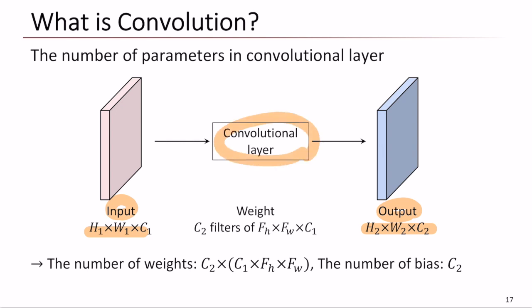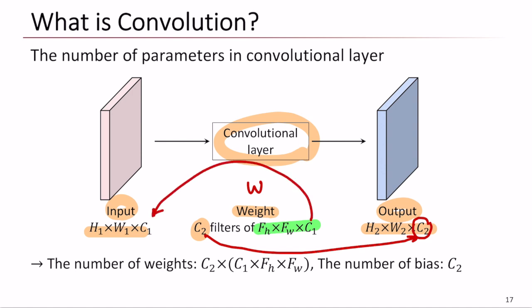Then the weight of the convolutional layer has C2, which should be the output channel, filters of FH times FW times C1, where C1 is the channels of the input.